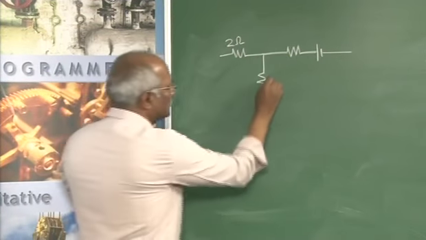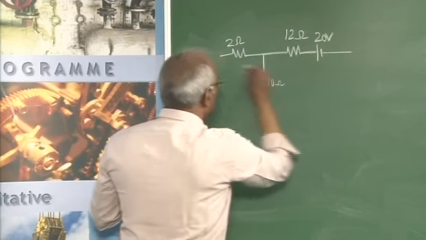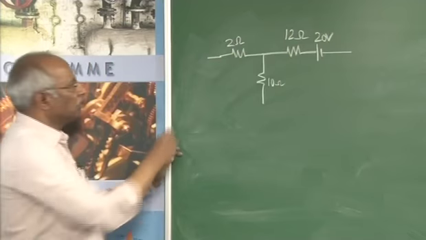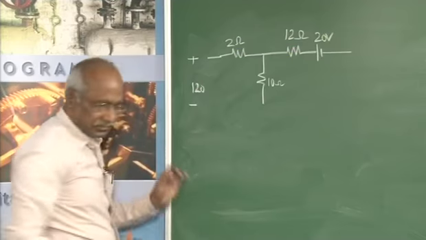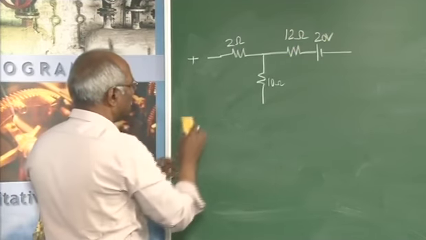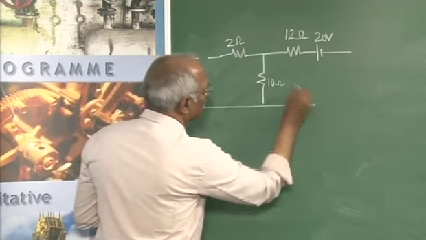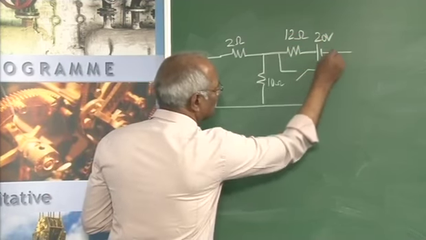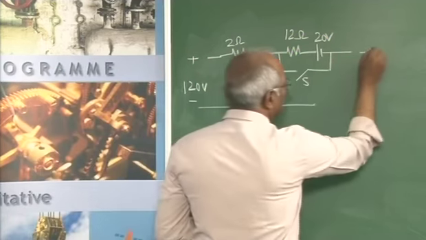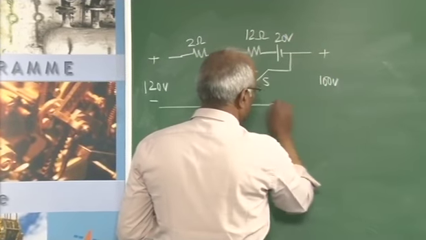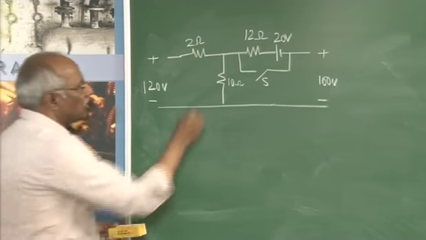Ohm, 10 ohm, this is plus minus 120. What's the voltage across AB?